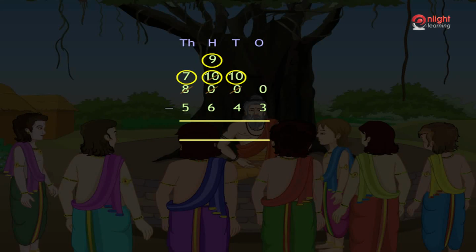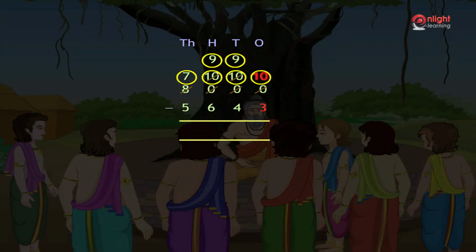By giving 1 tens, 10 tens becomes 9 tens, and 0 in ones place will change to 10, since 1 tens is equal to 10 ones. Now the larger number 8,000 changed, with 7 in thousands place, 9 in hundreds and tens place, and 10 in ones place. So let us do the subtraction.